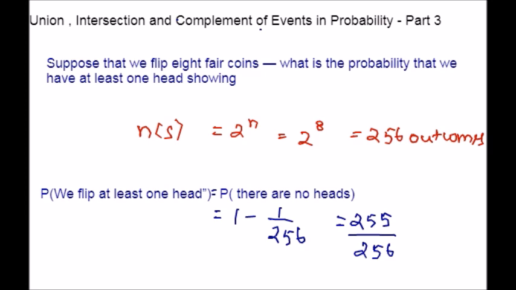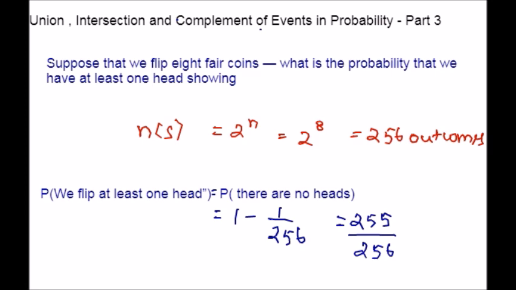So the complement of an event is all the other outcomes, not the ones we want. And together the event and its complement make all the possible outcomes. It is sometimes easier to work out the complement first. Sometimes it is easier to work out the event first. So choose accordingly. You have to work out the problems in the way that saves so much time. So please keep this in mind.